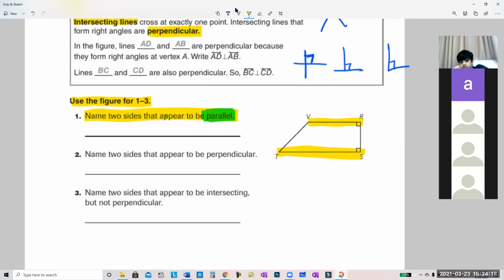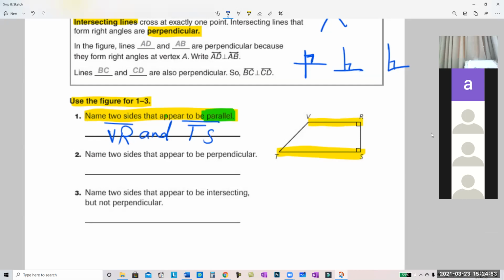Are they parallel to each other? Yes. So they never intersect, right? Yes. So can you name these two lines? VR and TS. That's it. Thank you so much, Karar. Great job, man.